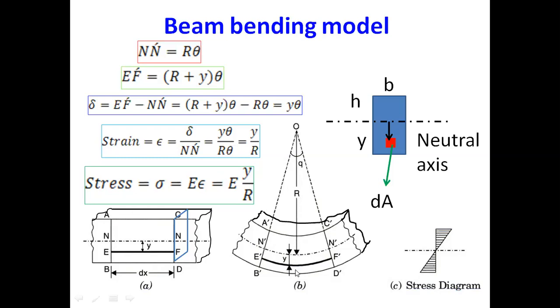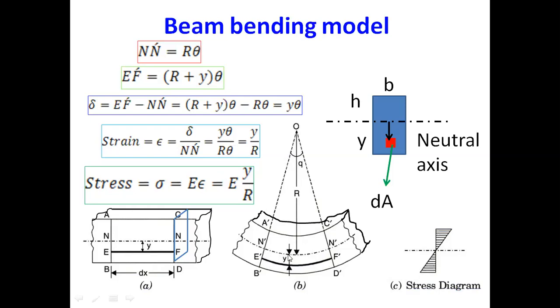Here the radius is r plus y, and the subtended angle is theta. So E dash F dash is equal to (r plus y) theta. This fiber is in tension, whereas the neutral fiber is neither in tension nor in compression. The length of this fiber is more than the length of the fiber at the neutral axis.